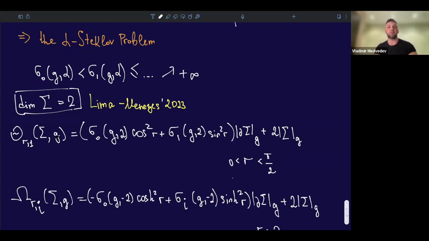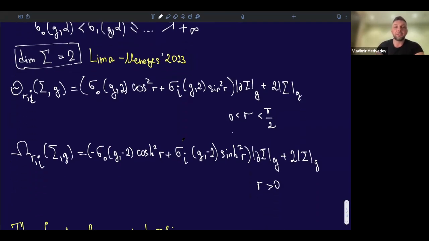Particularly, they found that the metric on the critical catenoid in the geodesic ball in the sphere is the maximal metric for this functional. I'm going to talk a little bit about this later. And it turns out that you can generalize it for any eigenvalue: you can take sigma I in place of sigma 1.